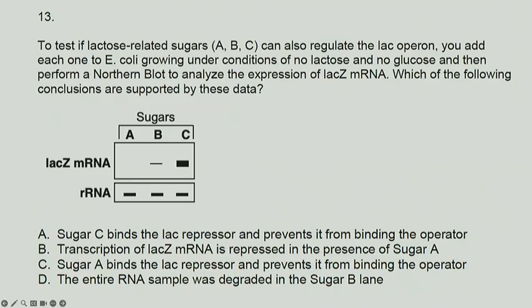It's repressed, right? We don't have lactose, so the repressor is still there. But we don't have glucose, so cAMP is high, so CAP is there. So the CAP is binding, and Pol with sigma 70 is ready to go, and it will happily transcribe as soon as that repressor is off. So this experiment is set up specifically to look at whether other sugars can regulate that repressor.